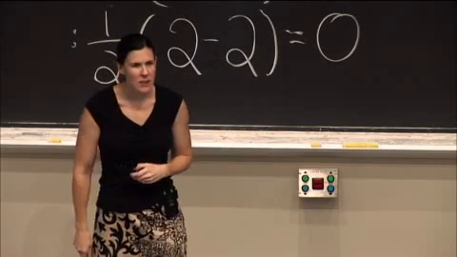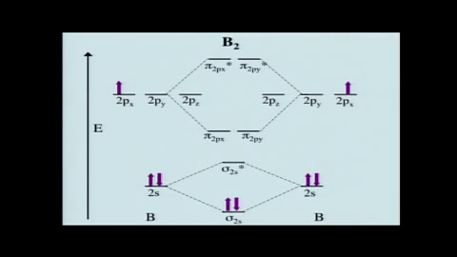So we can start at the bottom, 2 electrons in sigma 2s, 2 electrons in sigma 2s star. Now we need to jump up to using these pi orbitals. And what we're going to do is put 1 electron into each of our pi 2px and pi 2py orbitals. So again, you can see as we're filling up our molecular orbitals, we're using the exact same principle we used to fill up atomic orbitals.